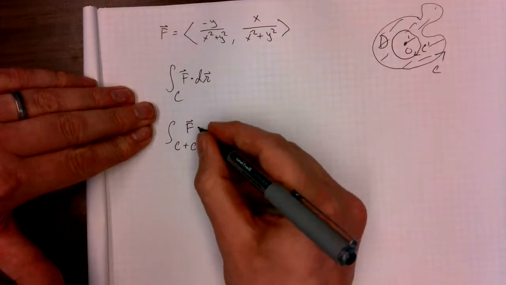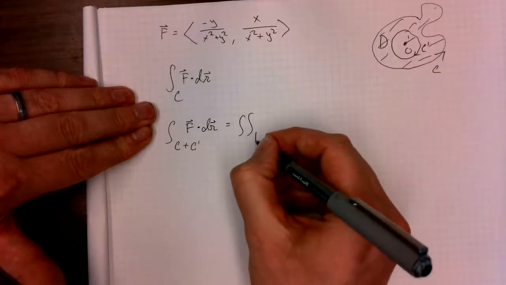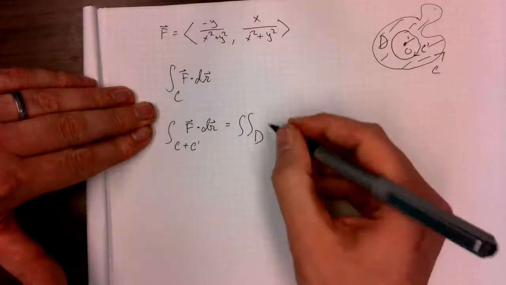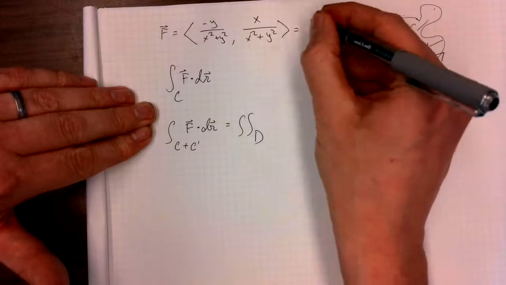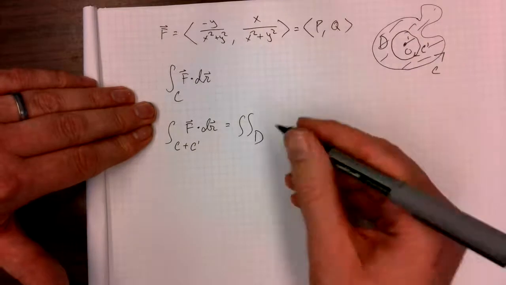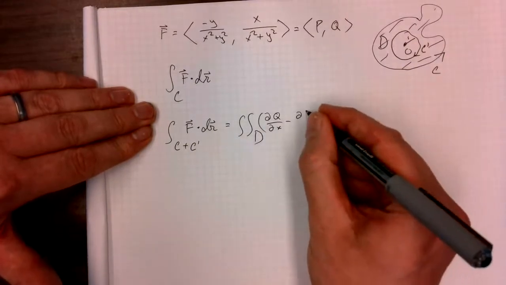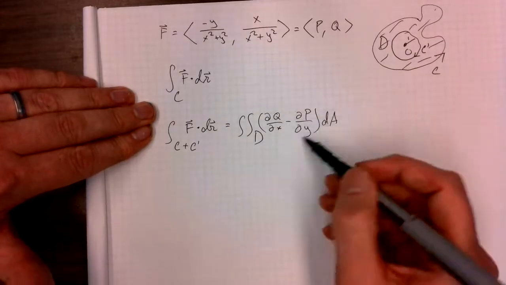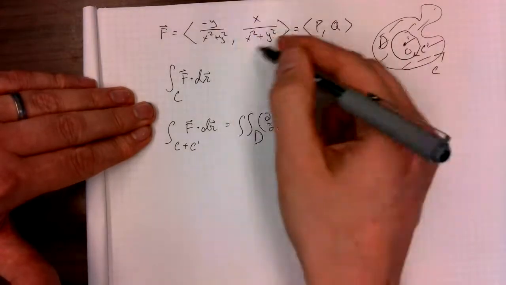of f dr is equal to the double integral over D of, let me just write this, dQ/dx minus dP/dy. And if you actually do the calculus, this is actually 0 in this case, right?